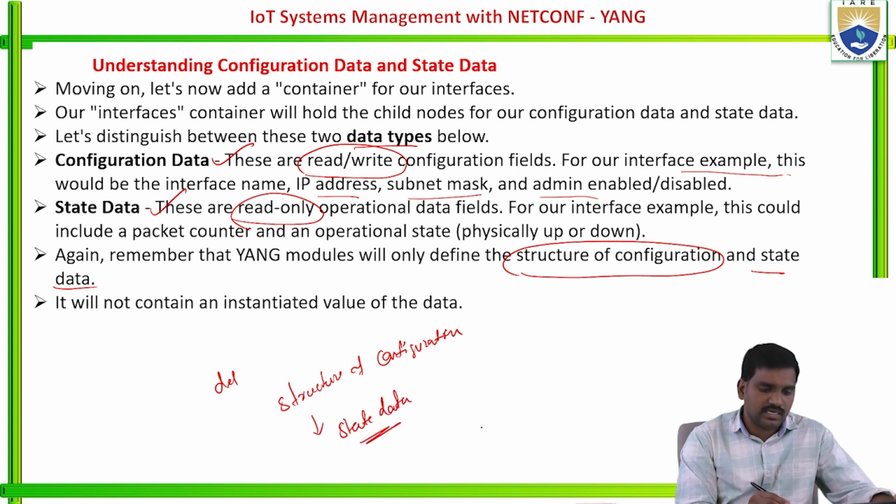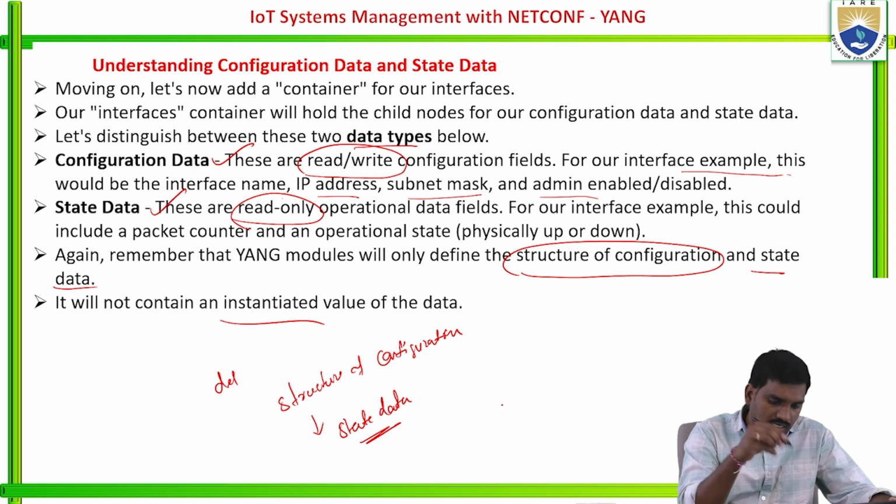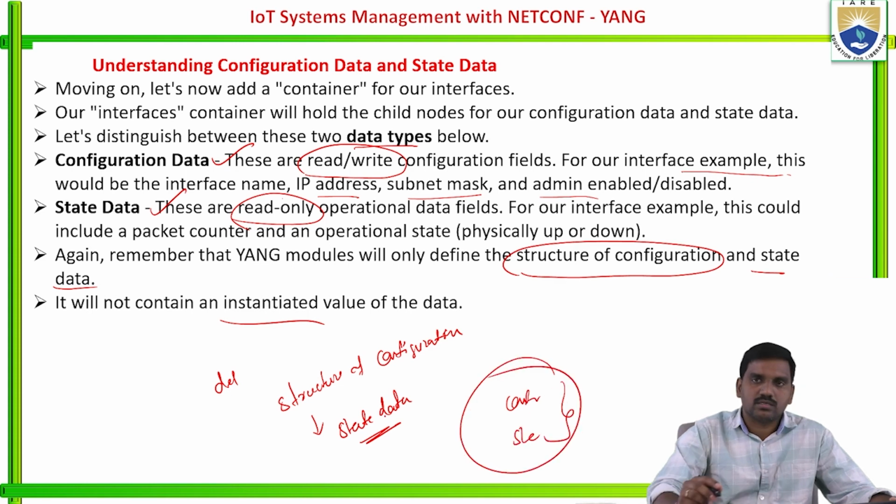It will not contain any initial or instantaneous value of the data. You can work on the already defined data, that is, the configuration data. So these are the data types: configuration data and state data in the IoT YANG module.